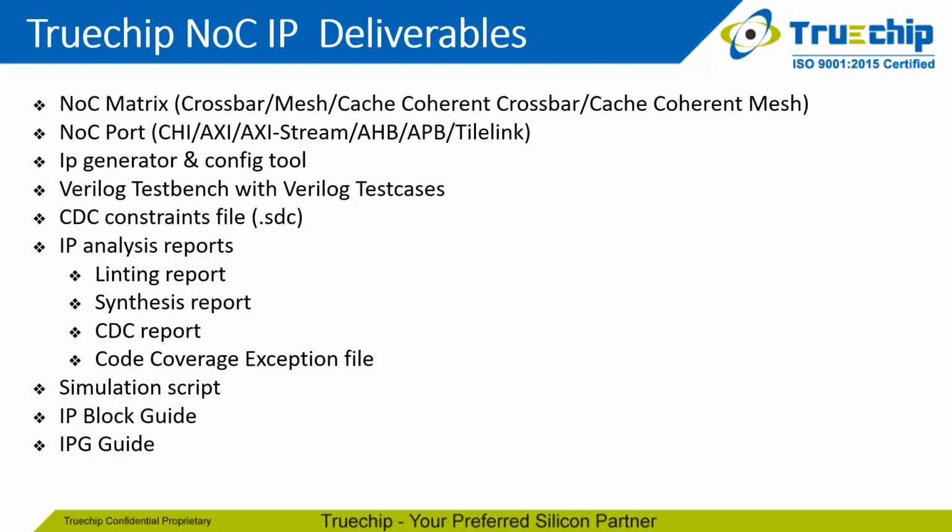For the documentation, we provide an IP block guide, which has a detailed description of the blocks and the features that Truechip IP has. And the last thing is the IPG guide. It is the IP generator guide, which enables you to understand how to use this tool efficiently in order to generate the NOC required.